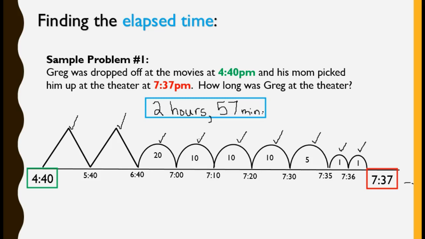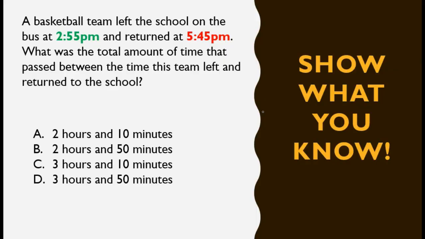Wonderful. All right, so now I'm going to have you try one where you're finding the elapsed time. Your problem says, a basketball team left the school on the bus at 2:55 p.m. and returned at 5:45 p.m. What was the total amount of time that passed between the time this team left and returned to the school?